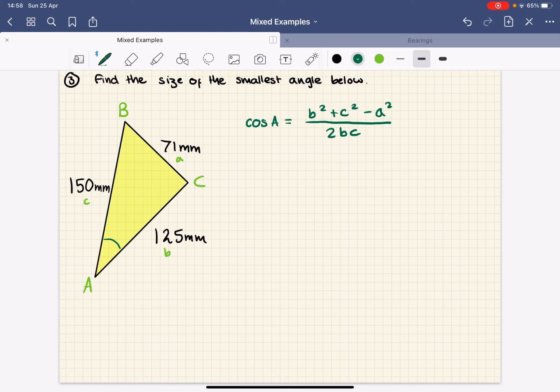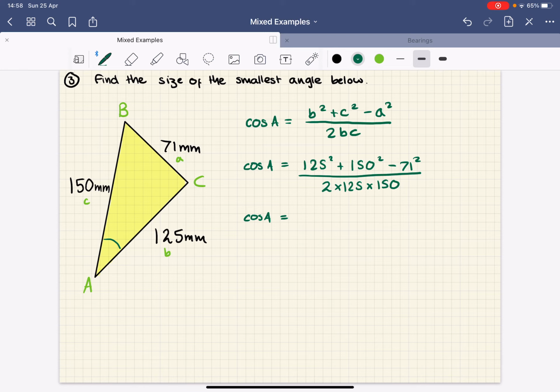So then substituting into that formula, I'm going to have cos A equals 125 squared plus 150 squared minus 71 squared, all over 2 times 125 times 150. So putting that into my calculator initially so it can do a little bit of simplification.